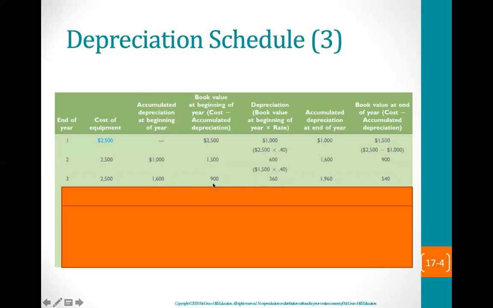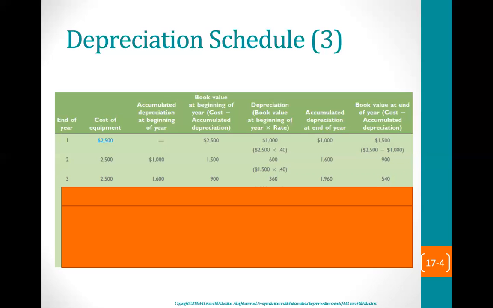This book value is what you then take for depreciation. 900 times 0.4 gives you $360 for the year. Your beginning accumulated depreciation plus your 360 equals 1,960 for depreciation accumulated at the end of the year. Your book value at the end of year 3 is $540. Your $2,500 less 1,960 equals $540.